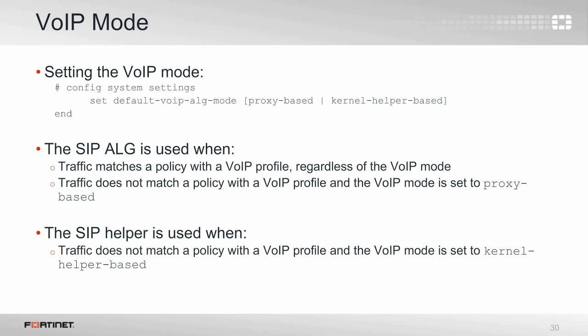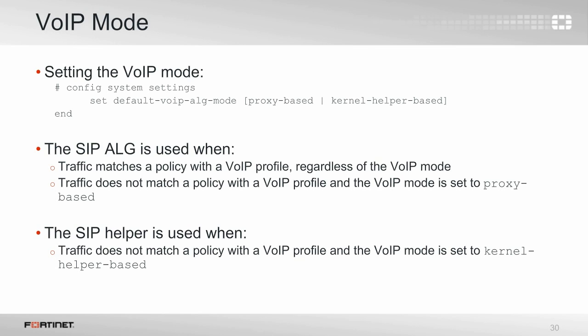If it is set to kernel helper-based, SIP helper is used. If the SIP traffic matches a firewall policy with a voice over IP profile, SIP ALG is always used, regardless of the default VoIP ALG mode setting.